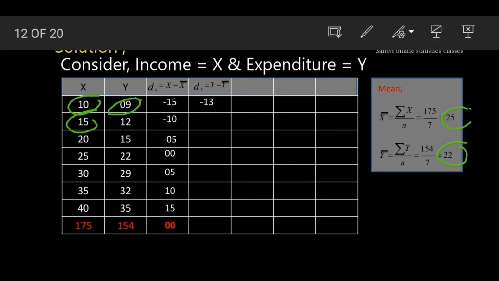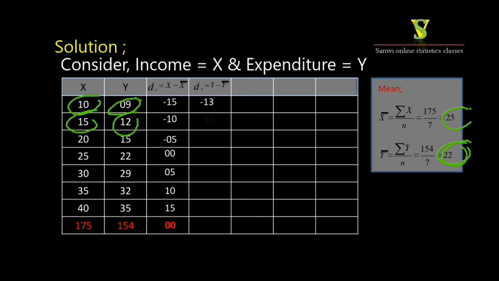Next is 12 minus 22, so we get here minus 10. Similarly, you calculate 15 minus 22 is minus 7, 22 minus 22 is 0, 29 minus 22 is 7, 32 minus 22 is 10, 35 minus 22 will get here 13. So if I take the total, it is exactly 0.